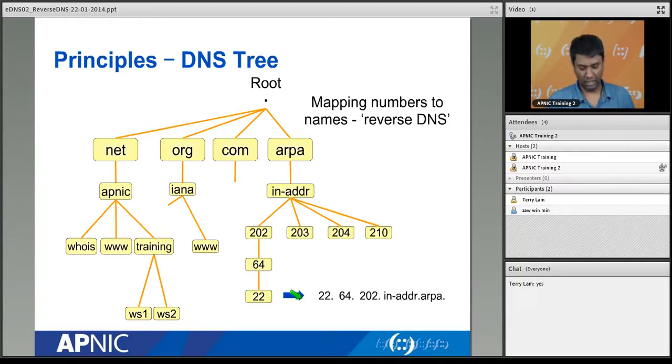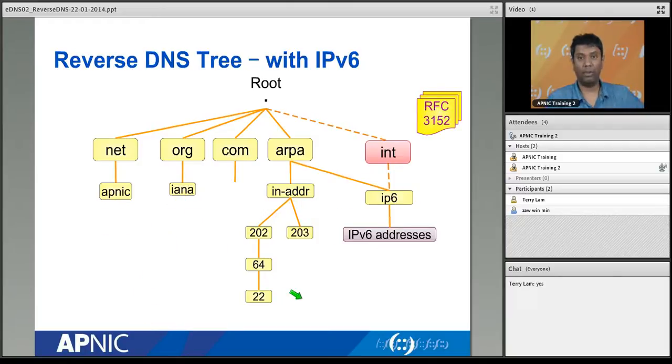So if you see how the delegation function works for IPv6, in IPv6, the same way under ARPA, there is a branch called IP6. For IPv6, the branch is not connected to in-addr, but actually connected directly to ARPA, ip6.arpa. Initially for internet they started with INT, but that has been deprecated by RFC 3152.